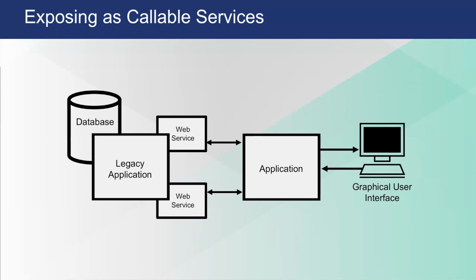So now you're slicing and dicing your legacy application into not just the navigation that you used to have when it was just screen scraping, but more a la carte functionality that other programmers can use.